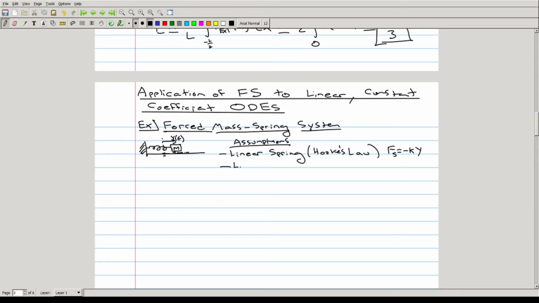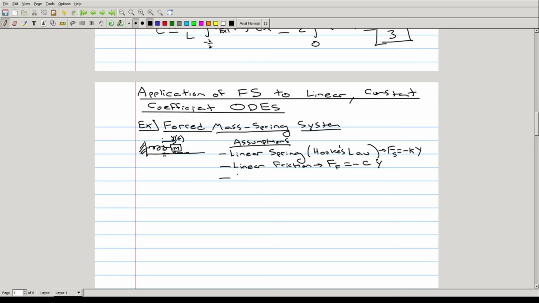Assume that we have a linear friction term, which means that the force of friction will be some constant of proportionality c times the velocity of the mass as it moves back and forth. The force of friction will always point in the direction opposite the velocity and be proportional to the velocity at any point.